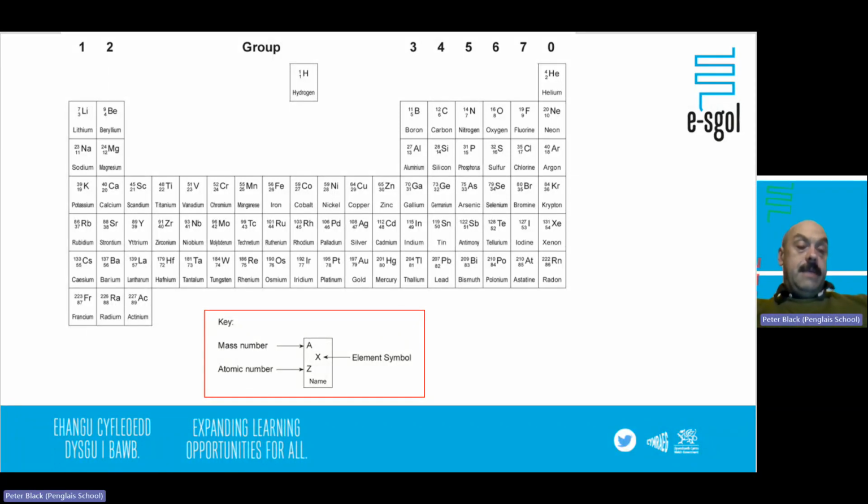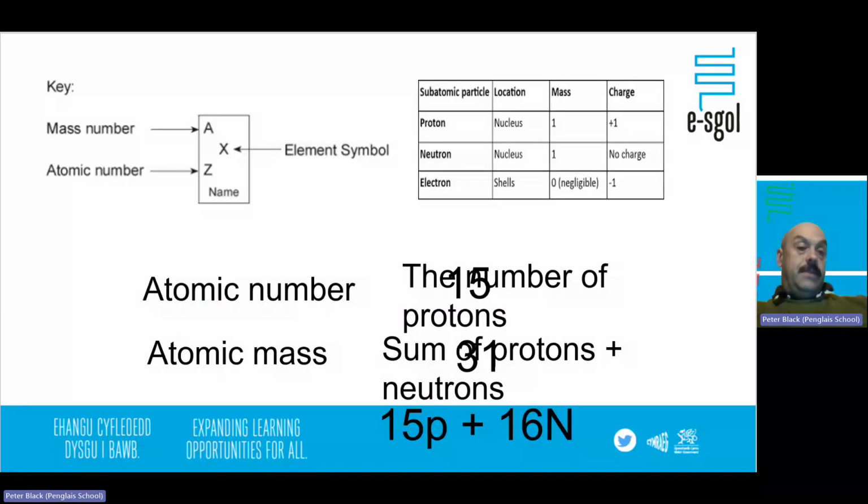Here it's telling us what the values next to each element refer to. As you can see, we've got a mass number at the top of the element, and then an atomic number at the bottom, with the symbol represented as an X. We'll see that again in a second on a subsequent slide. So here we go, this is from the key of the periodic table.